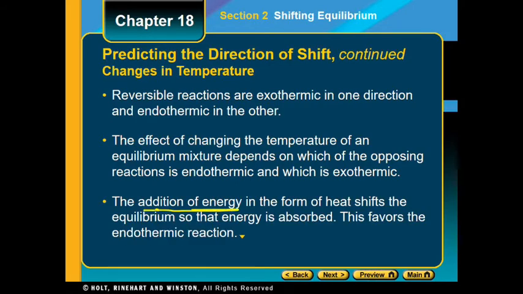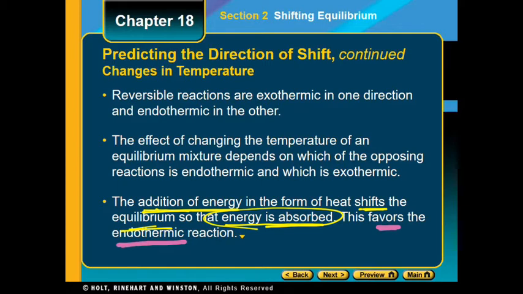So the addition of energy in the form of heat will shift equilibrium so that energy is absorbed. That means we are going to favor the endothermic reaction. So if you add energy, it will shift equilibrium so that energy is absorbed, which favors the endothermic reaction.